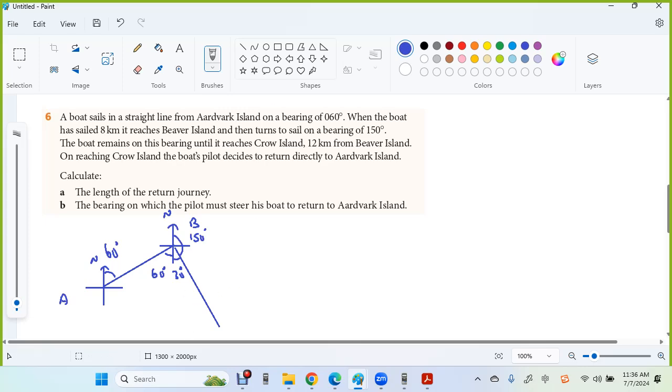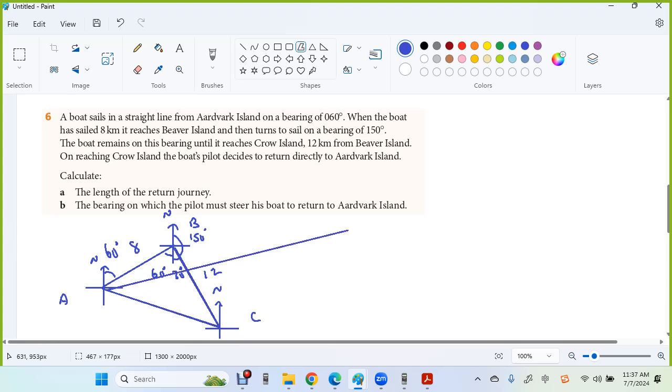So it's a right angle triangle here. So we reach C. So this is C. And the distance here is 8 and the distance here is 12. So we want to find the distance AC over here.